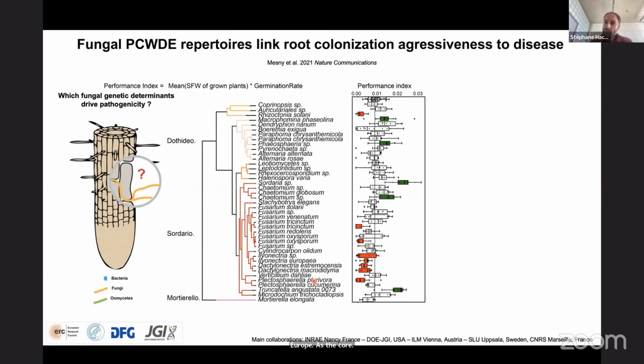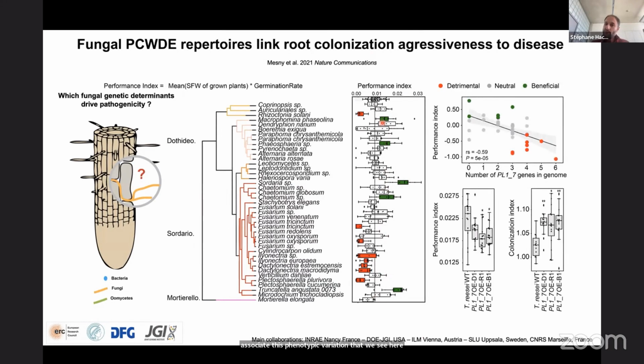And then in collaboration with the JGI and Francis Martin, we sequenced the genomes of these fungi and we wanted to associate this phenotypic variation that we see here with genomic signatures in the genomes. And to make the long story short, using two different association methods, we identified a fungal gene family that is called PL1-7, that is important for pectin degradation.